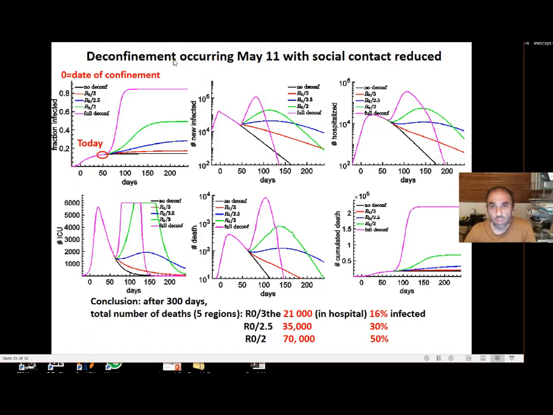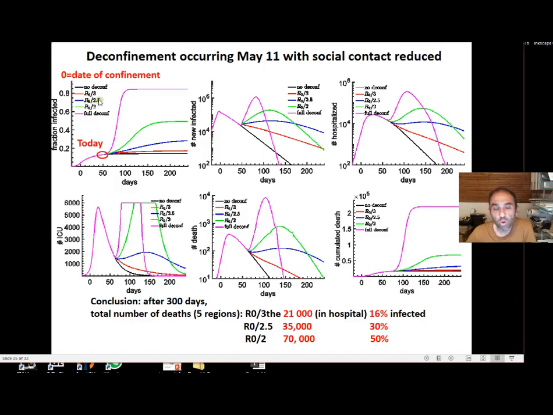Then we decided, based on the inspiration that we got and the hypothesis we made on the information from the mask effect on R0, to study 3 cases. What would happen if R0 were maintained at R0 divided by 3? R0 is the initial contamination before confinement.